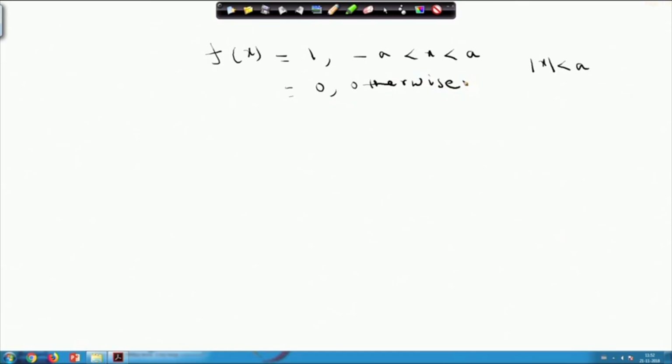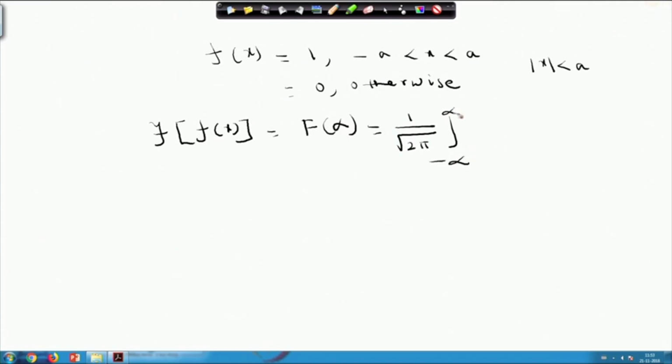So, the Fourier transform of the function f(x), from the definition, which is nothing but capital F(alpha), we write down. This is equal to 1 by root over 2 pi, integral from minus infinity to infinity of f(x) into e power i alpha x dx.